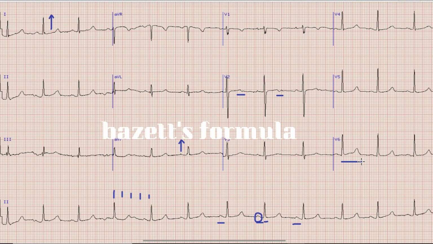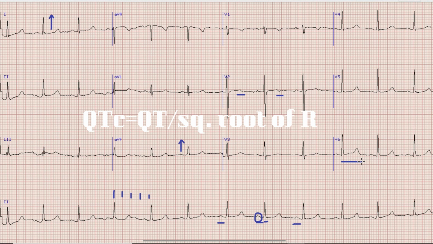by using the Bazett formula. The Bazett formula is QTc is equal to QT divided by the square root of RR. So we have a QT interval of 440 milliseconds, or when we convert it into seconds it will be 0.44 seconds.